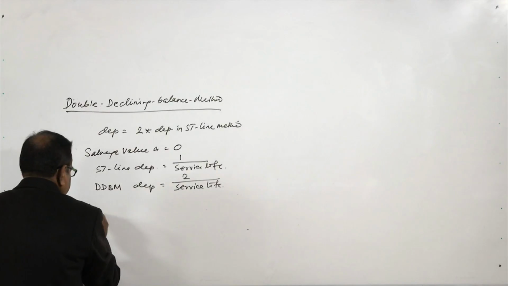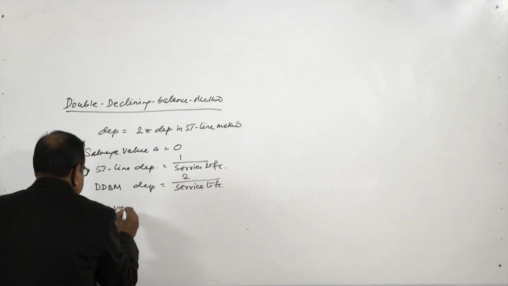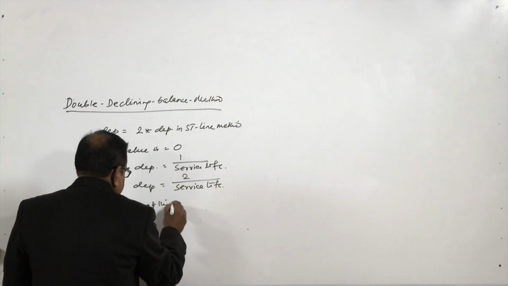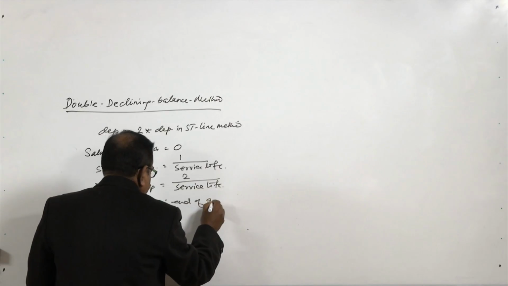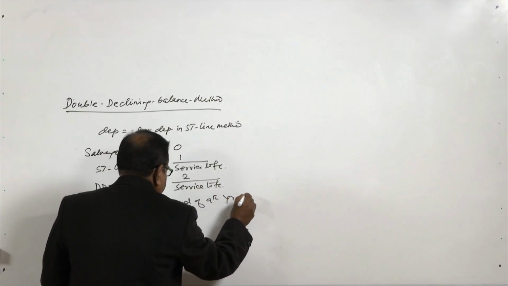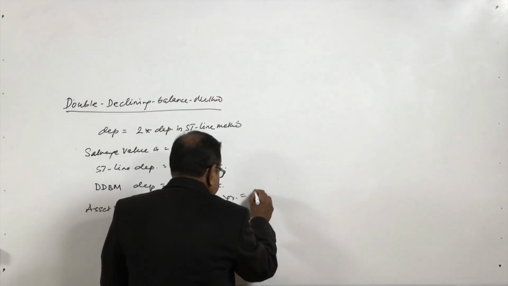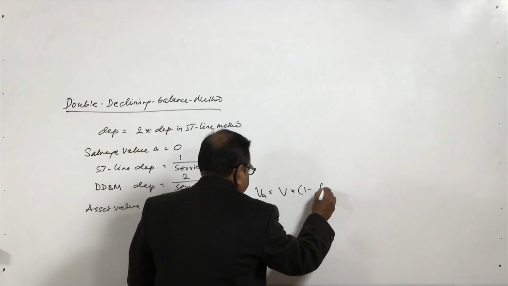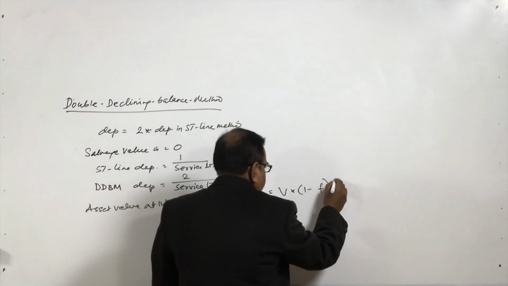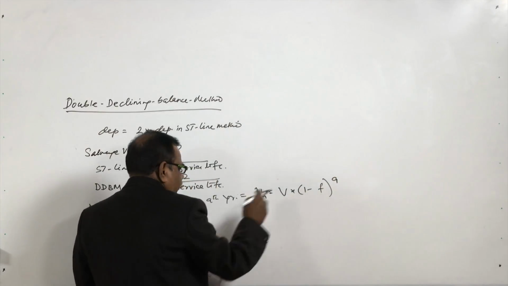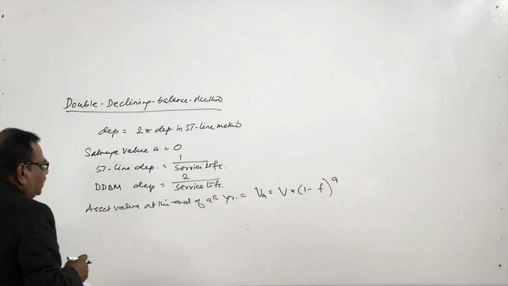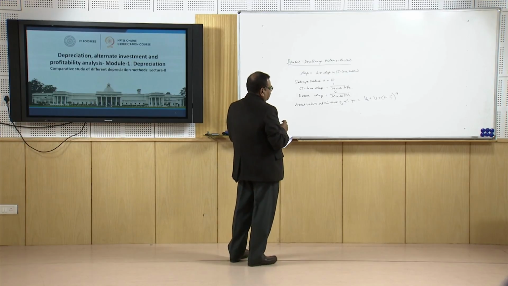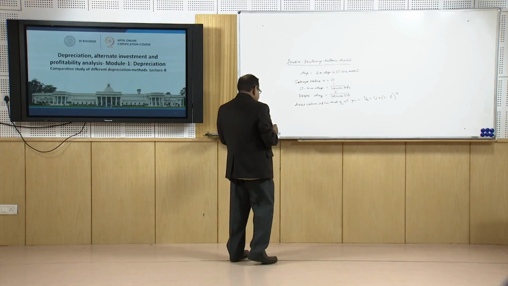Now, the asset value at the end of the Ath year is Va equal to V into (1 minus F) to the power A, and this F, the fixed factor, will be the double declining balance fixed factor, not the declining balance fixed factor.